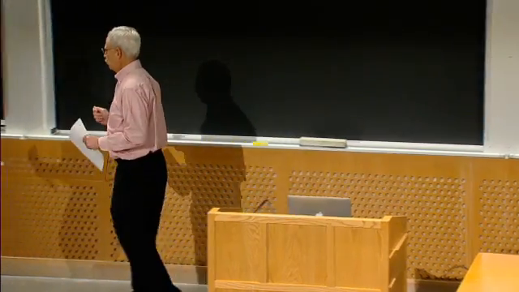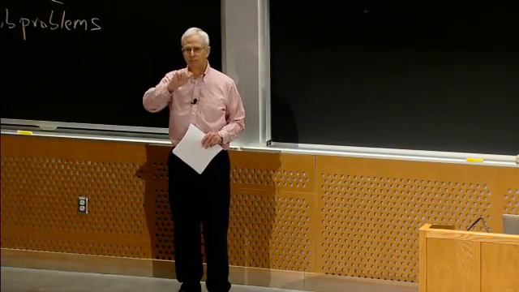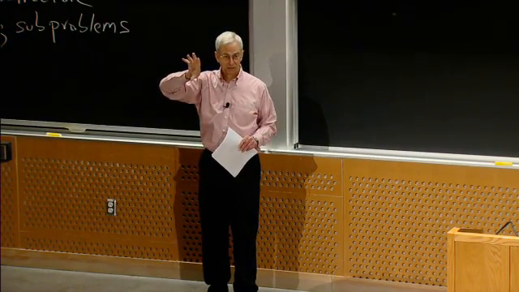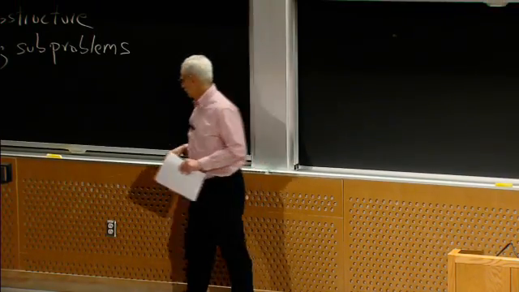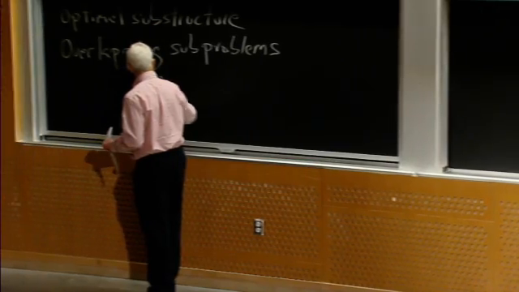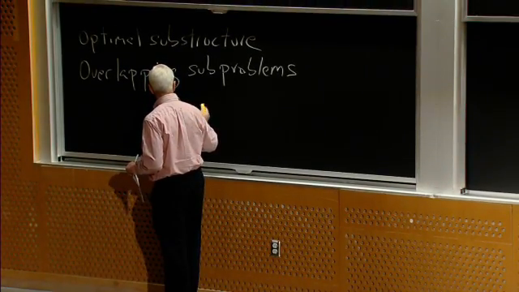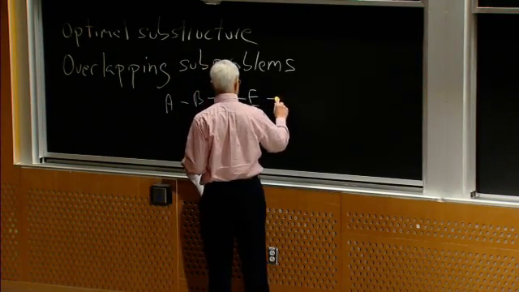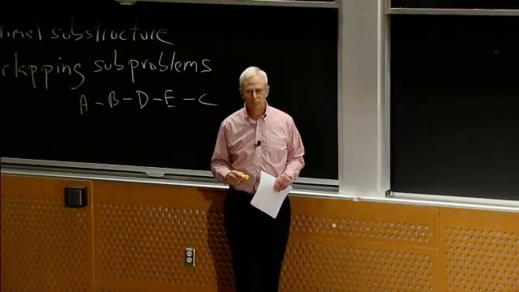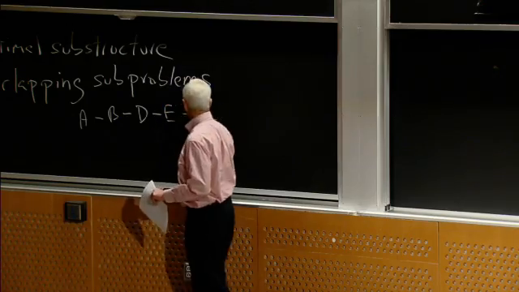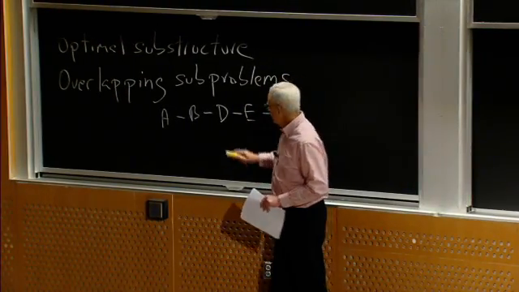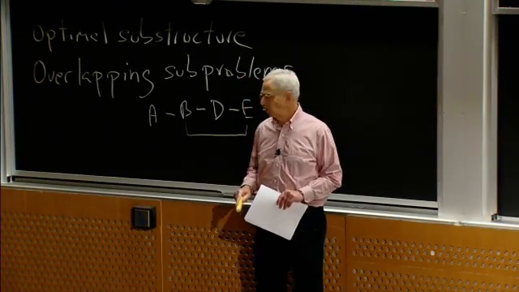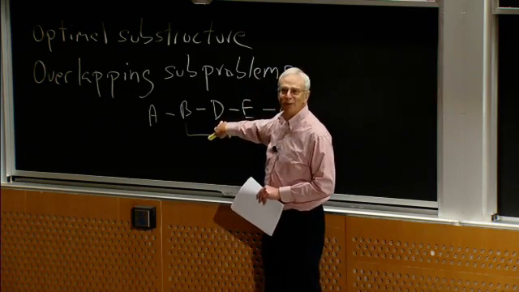That if I have the shortest path from one node to another, and I take any subpath of that, so let's say I know that the shortest path from A to C is A to B to D to E to C. If this is the shortest path from A to C, I know that this is the shortest path from B to E, right? Because otherwise, I wouldn't have bothered going through D.